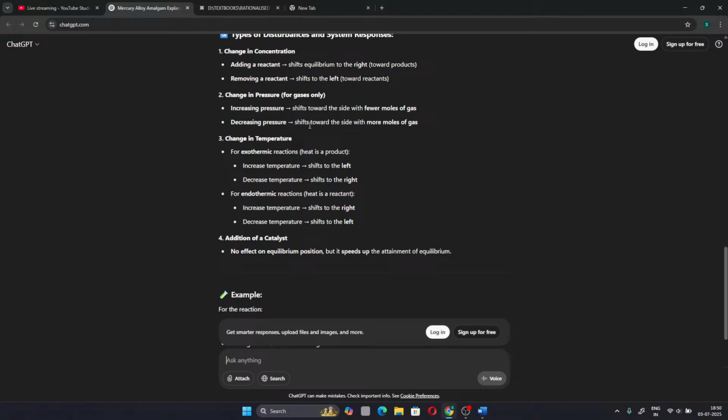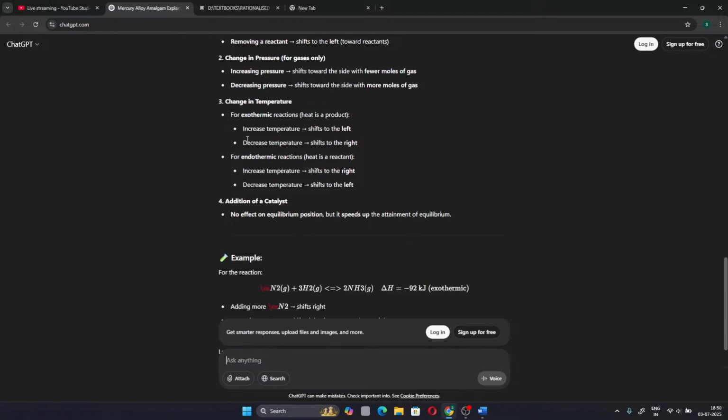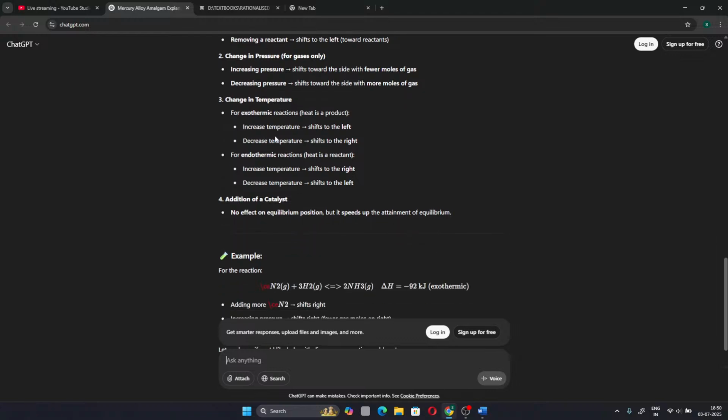Decreasing pressure shifts towards the side with more moles of gas.